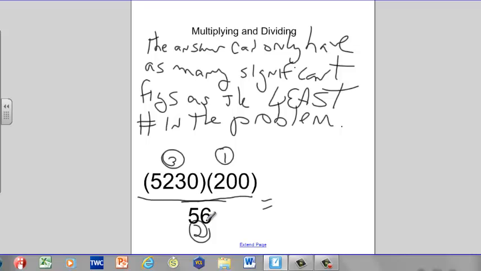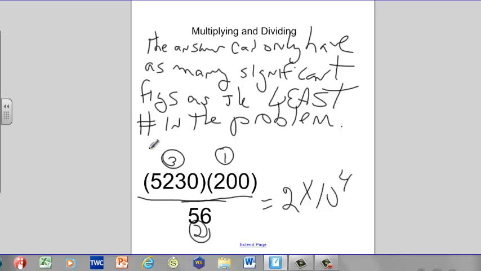I only have one significant digit, so the only thing I can write is 2 times 10 to the 4th, or 20,000. I know it kills you to get rid of all those digits, but the key important point here is those digits aren't real. There was too much estimating going on in my numbers here.